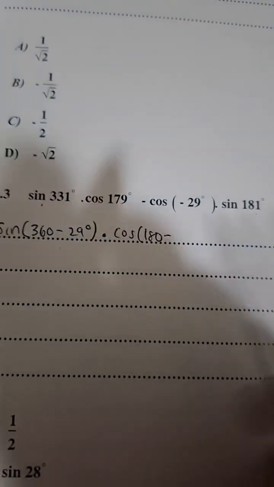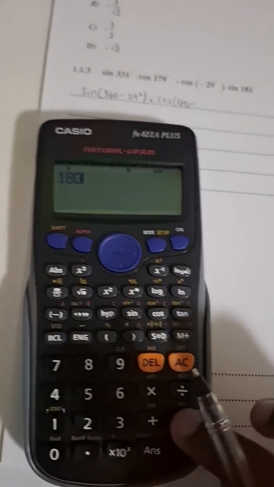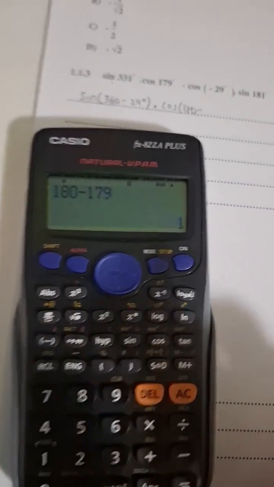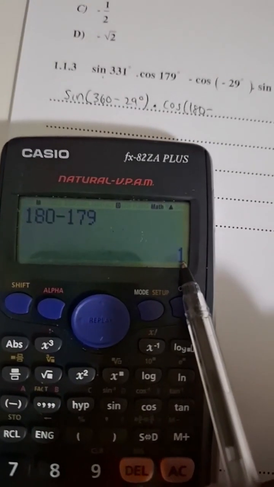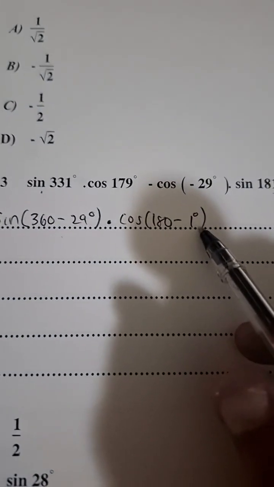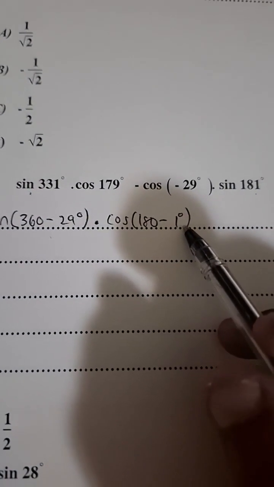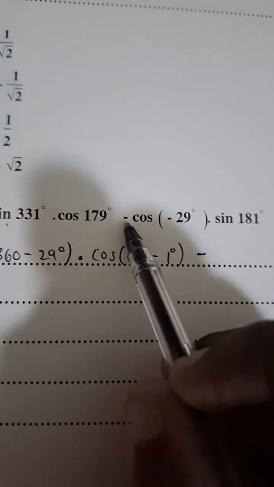The question is, what is the acute angle? Just go and say 180 minus 179 so that you can know the angle that is appropriate. It's 1. So 180 minus 1 degrees. This is an acute angle. Remember, acute angles are angles between 0 and 90 degrees. So that's fine.